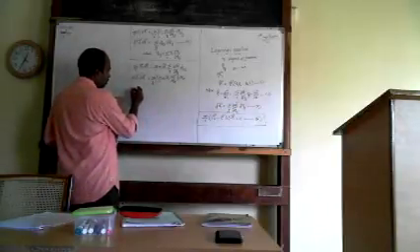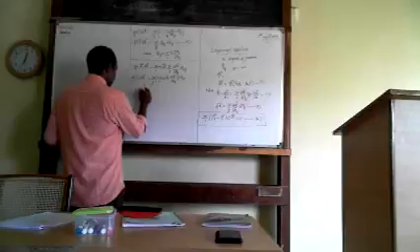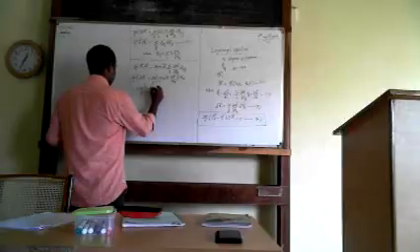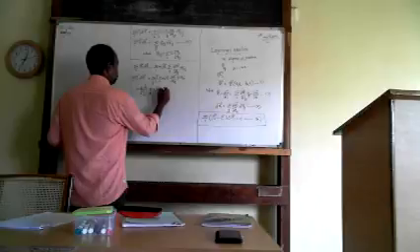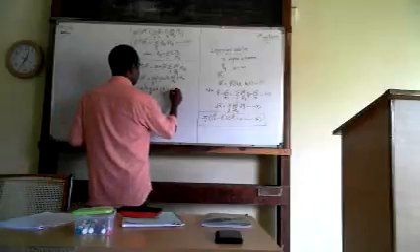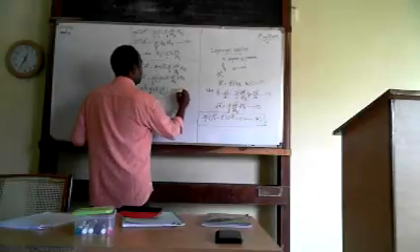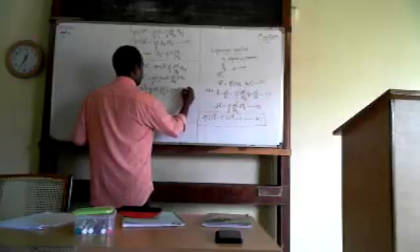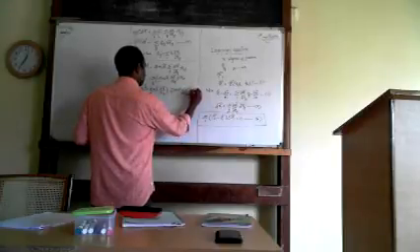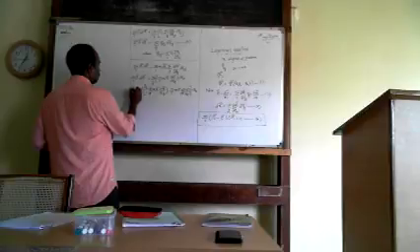I will start from here, sigma j, sigma i, d by dt of Mi Ri dot dou Ri by dou qj, minus sigma i Mi Ri dot d by dt of dou Ri by dou qj, delta qj, and LHS is sigma i Pi dot delta Ri.